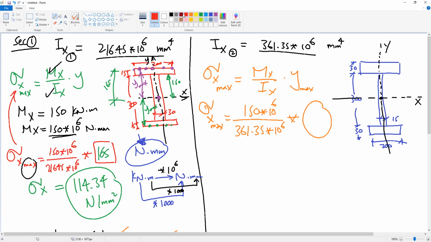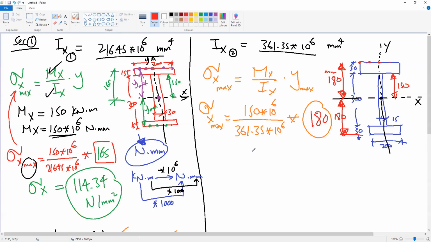How much is y max here? Here again, this distance is 150. So the maximum will be at the top, any point on the top here, which is 180 millimeter from the top or 180 millimeter from the bottom. So y here is 180 millimeter.